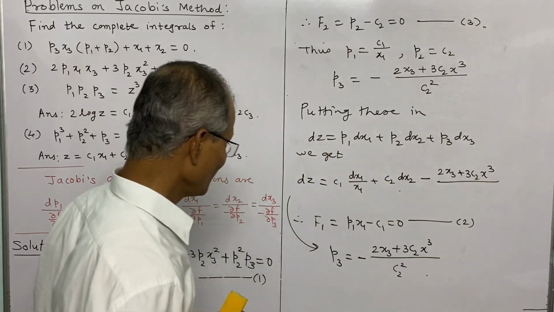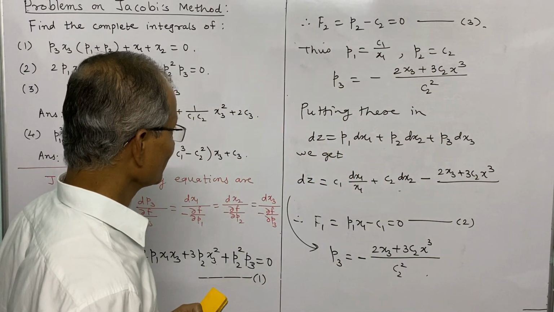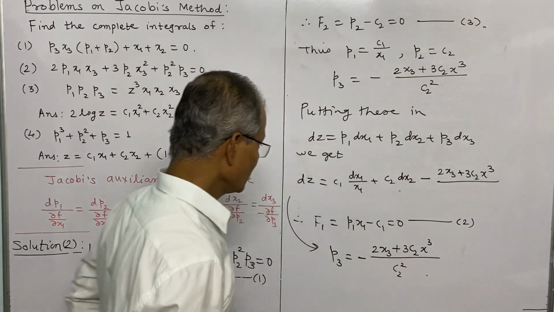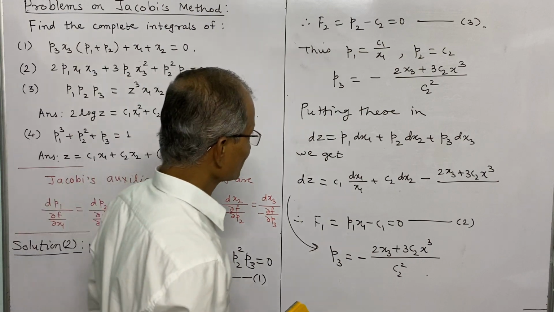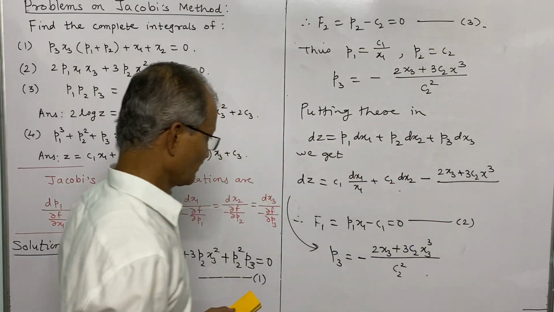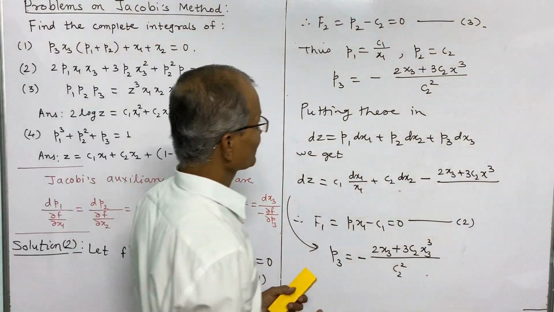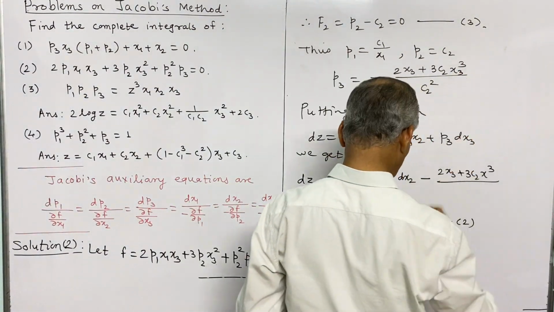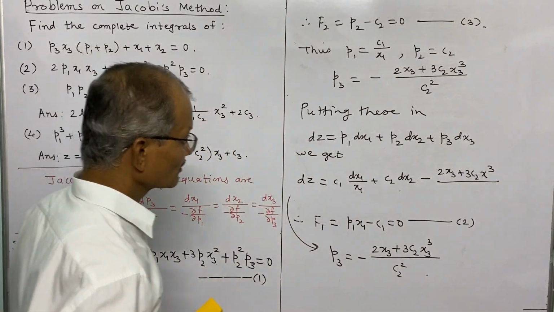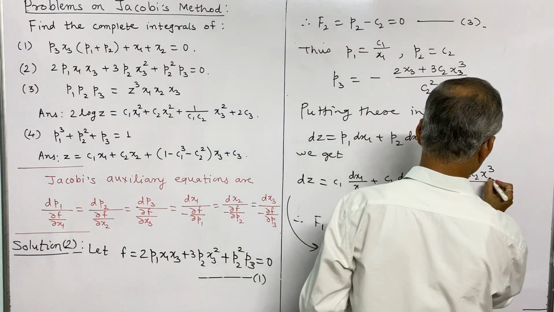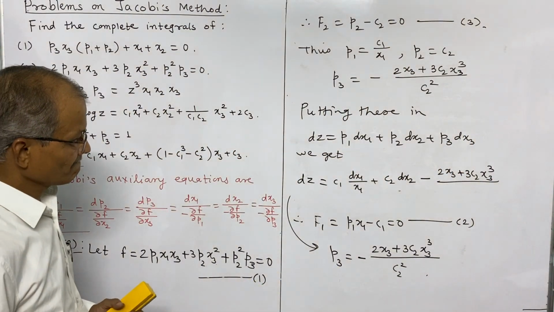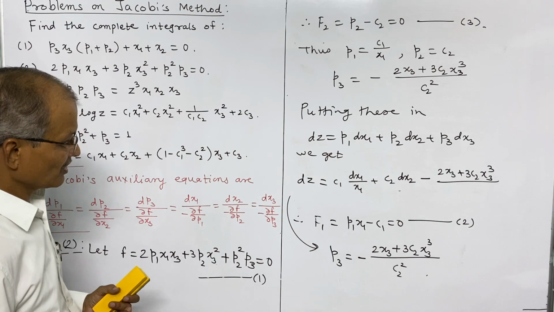See this value p3, it must be x3 square. So this was x3 square, and so we must correct this, it is x3 cube. So 3c2 x3 cube, and yes, this is p2.